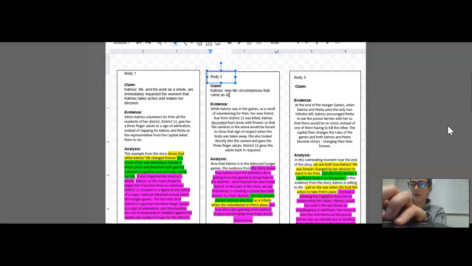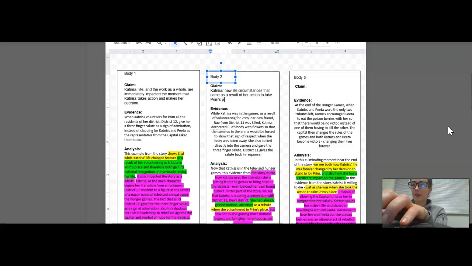that came as a result of her action to take Prim's place allow her to, let's see, she's getting a lot of attention. So she's gaining a bigger audience.